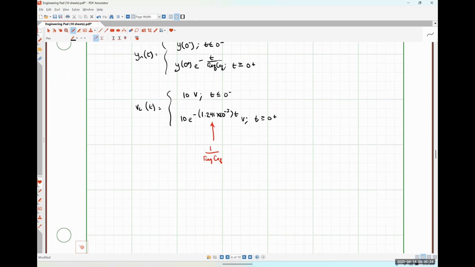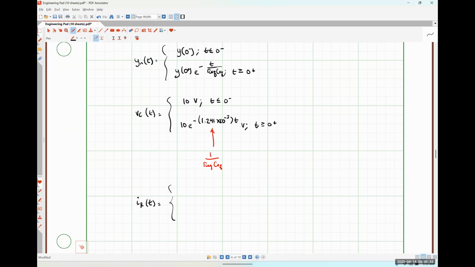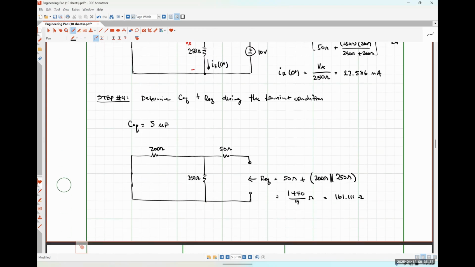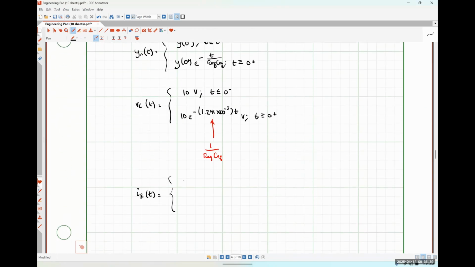So for the current IR of t, similar situation, right? So the value for IR at 0 minus was 40 milliamps for t less than or equal to 0 minus.